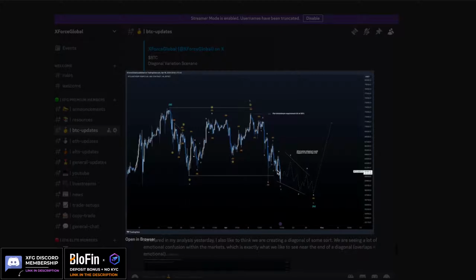And why we were looking for a possibility of the diagonal is because we saw a three-wave move to the downside, and there was a 4-hour bullish divergence being created. So that helped us build that narrative. And it looks like it did happen, and we got that diagonal rather shortly, but it still played out very, very nicely.